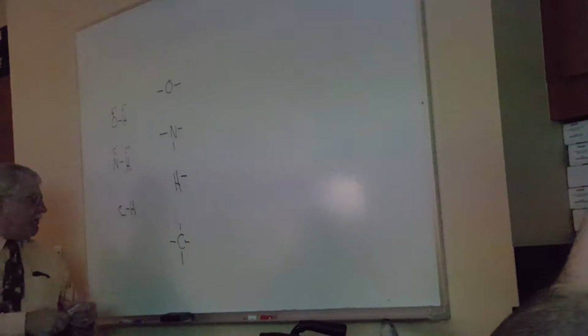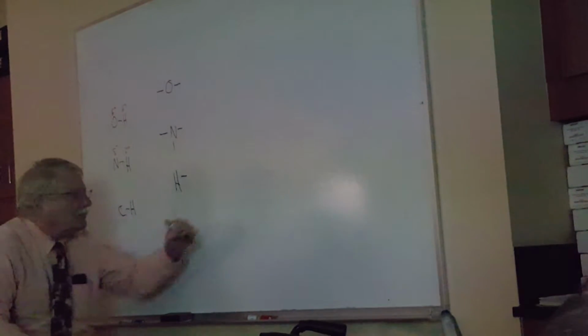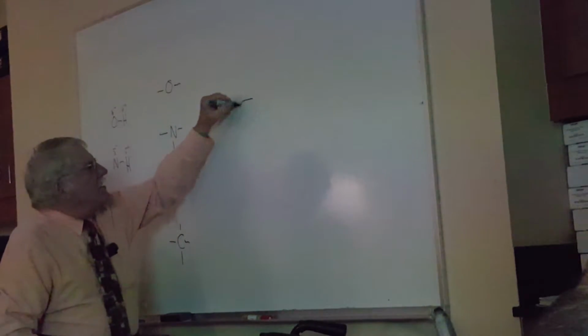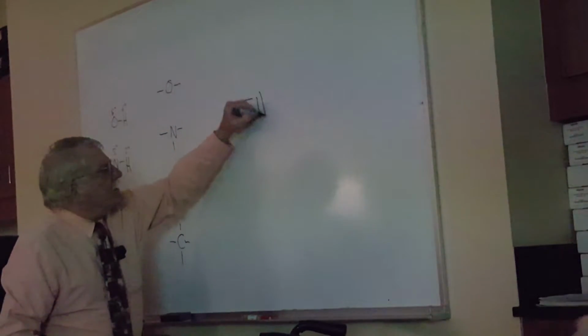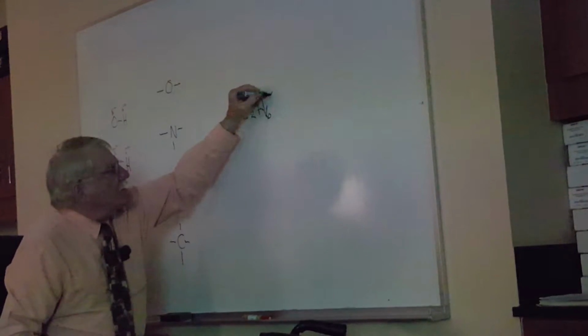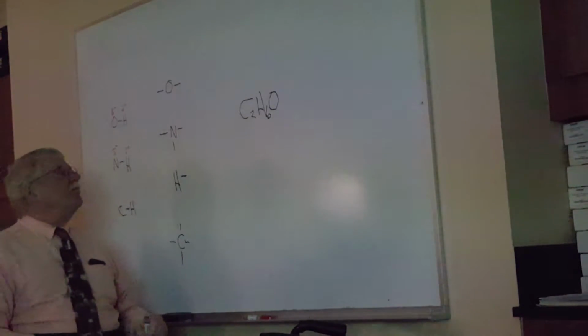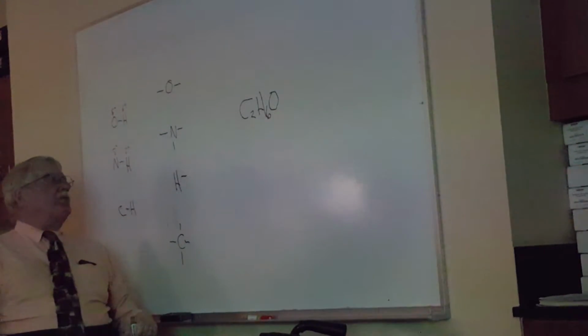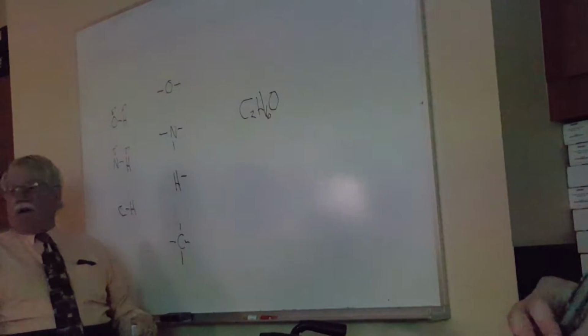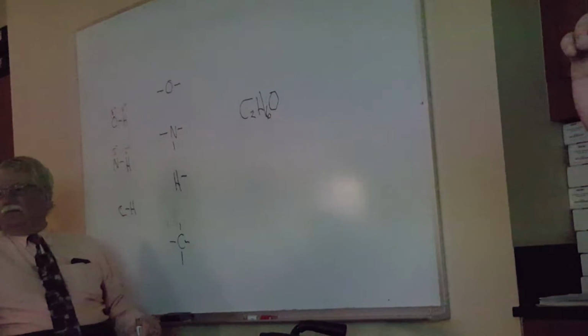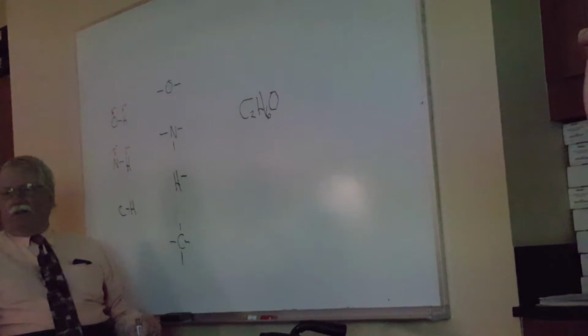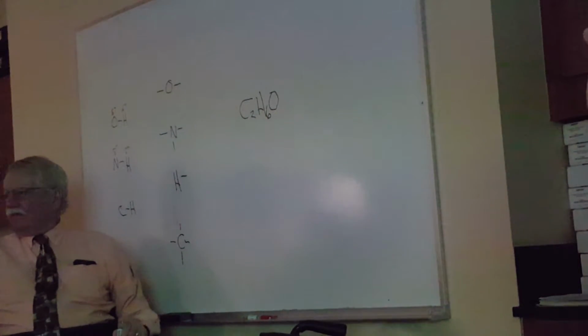Suppose I gave you the formula C2H6O, just for instance, and asked you to draw a valid structure for that. There might be more than one you could draw. Every different structure that you can draw represents a different substance.